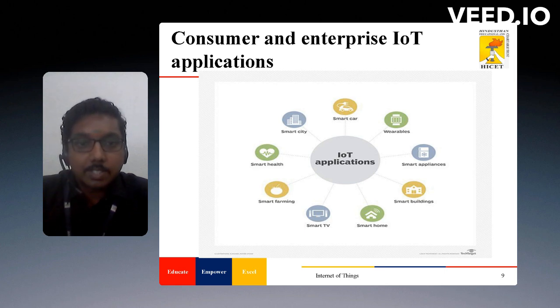All these things come under IoT applications. A person, a customer, or even a consumer can use any of these devices to get connected with each other. Nowadays people are using smart watches, smart devices like smart fans and smart lights. Everything is in action. So everyone is using these IoT devices.